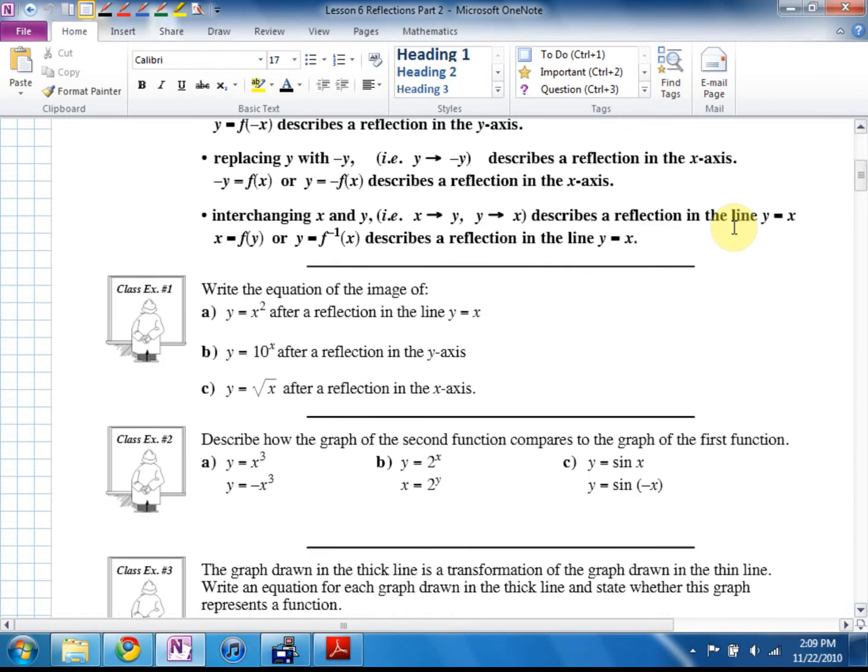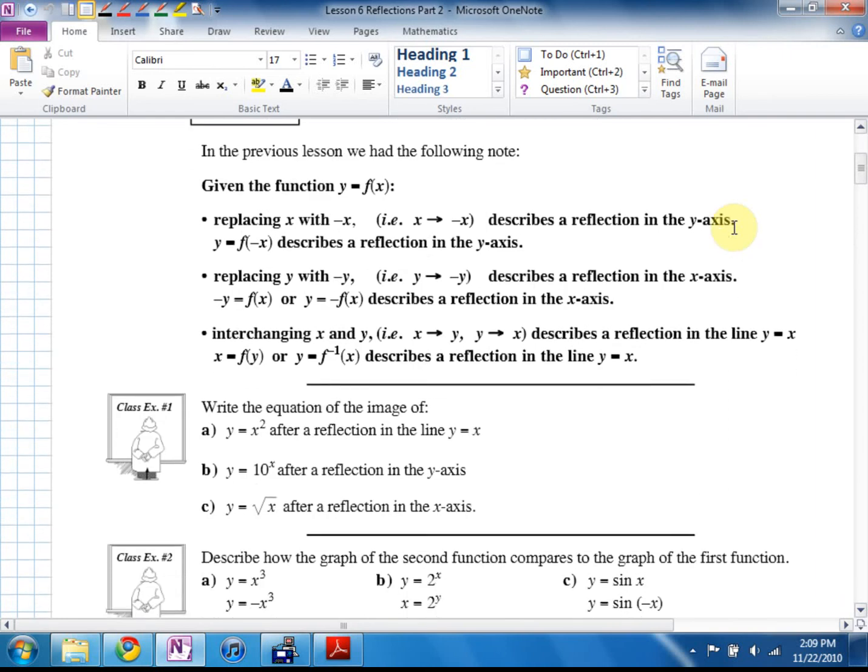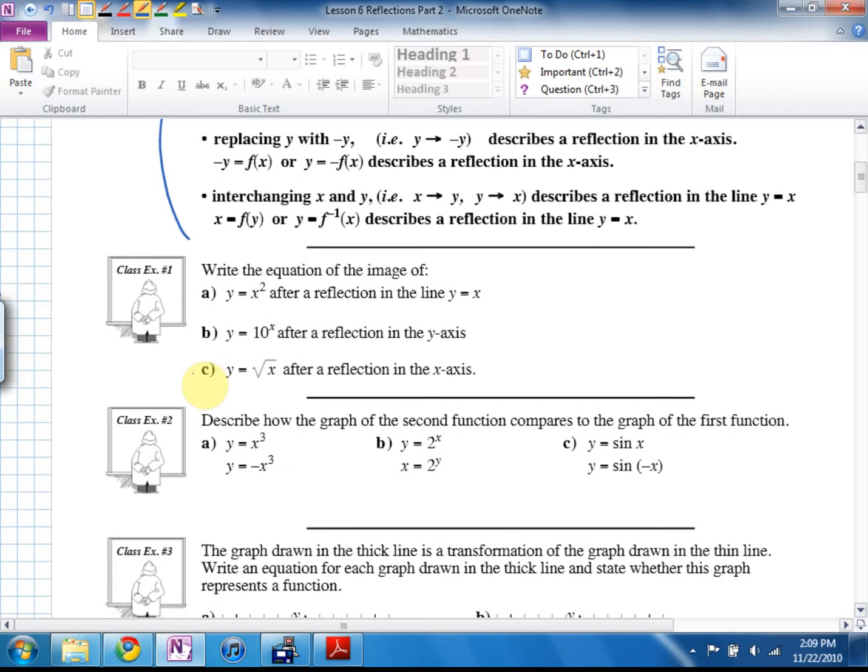Reflection in the line y equals x, is that horizontal, vertical, or inverse? Inverse? How do we find an inverse, boys and girls? X equals y squared. Did they tell me to get the y by itself in part A? I'm not going to bother. I could. I'd square root both sides, plus or minus.